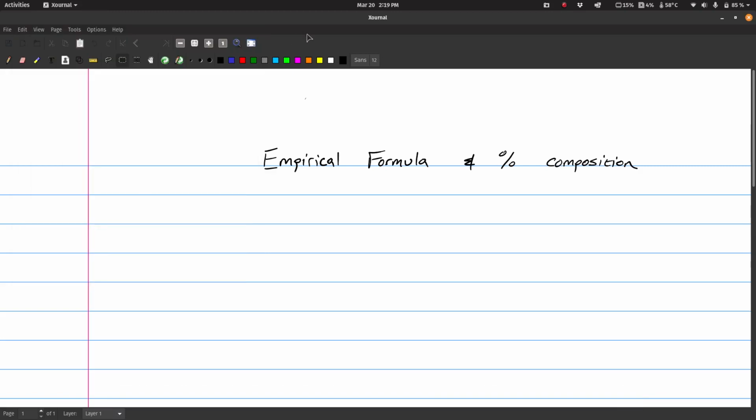Okay, so today we are going to talk about the empirical formula and percent composition. So, the empirical formula shows the proportions of atoms in a substance in the simplest form, or simplest ratio.